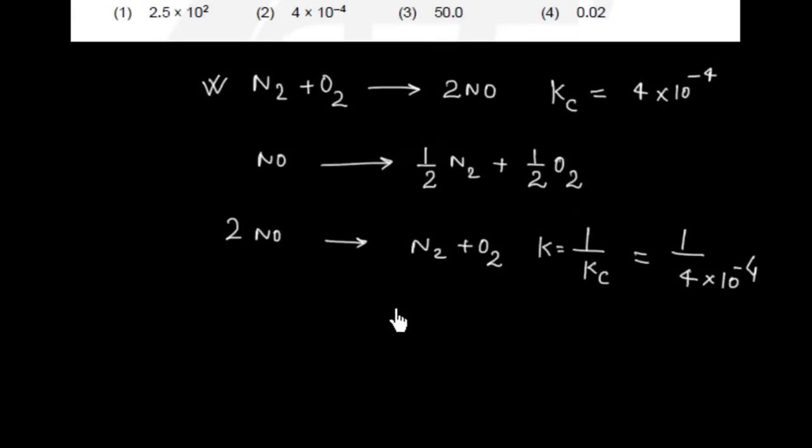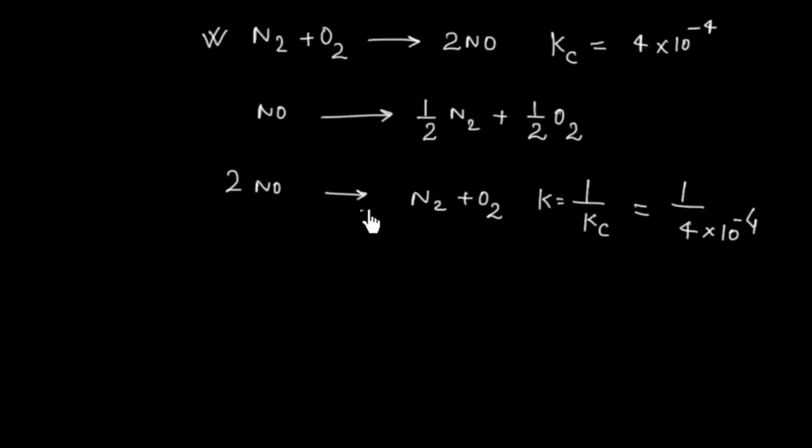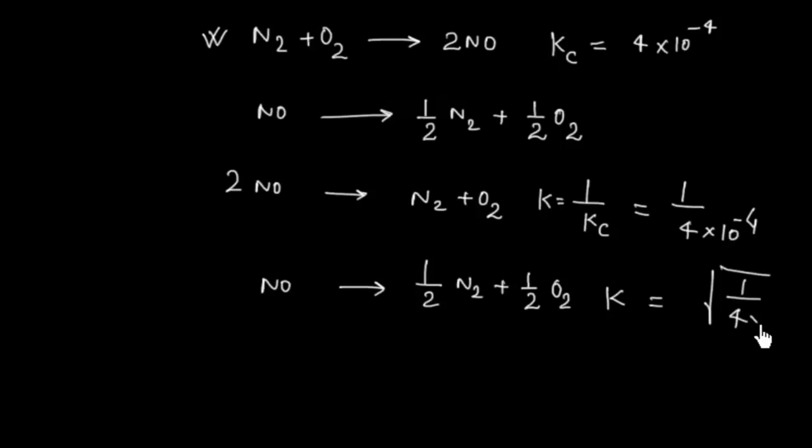Now if I divide by 2, so I will have NO goes to half N2 plus half O2. So if I divide by 2, I have to take the root on this side. So K is now root over 1 by 4 into 10 to the power minus 4.